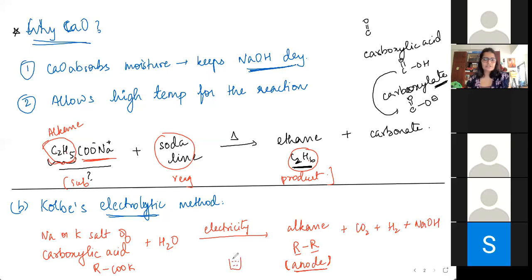You take the solution, dip two electrodes and pass electricity through it. You end up getting the alkane. So where it differs from the previous decarboxylation is that in this case, the alkyl part of your acid is going to get paired up. You get R-R, and the other byproducts are carbon dioxide, water, and NaOH.